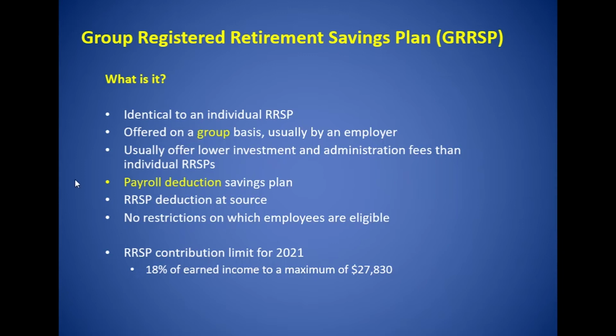So the advantage of payroll deduction is that they get their RSP deduction right at the time the contribution is made and taken out of each of their bi-weekly or weekly pay. So a big advantage is payroll deduction, and the RSP deduction takes place at source.